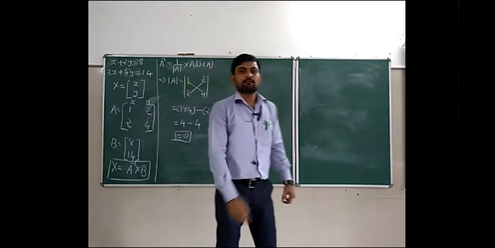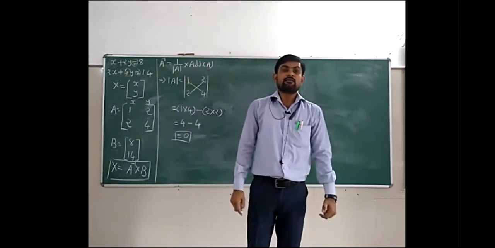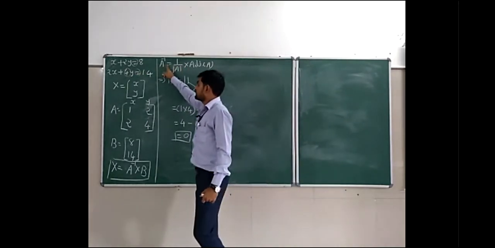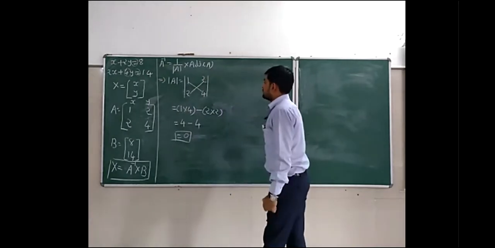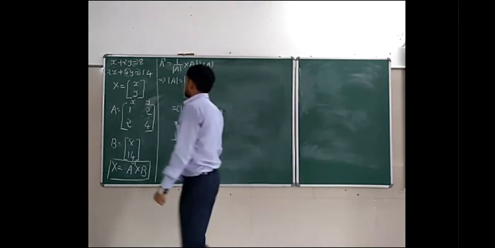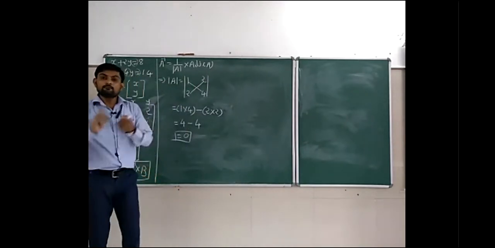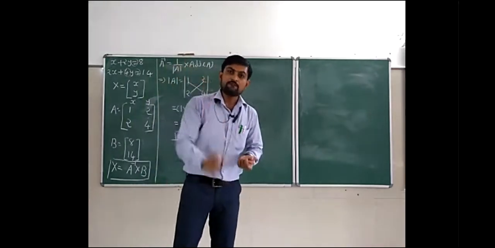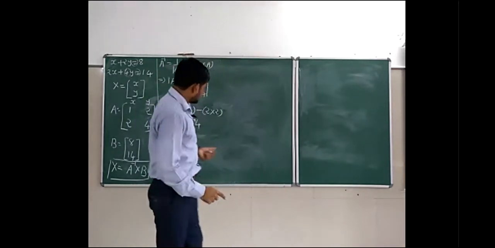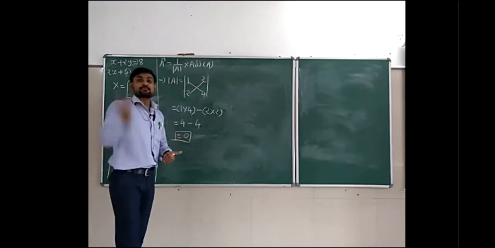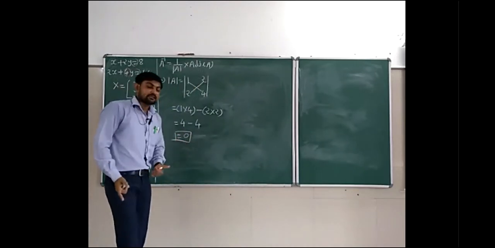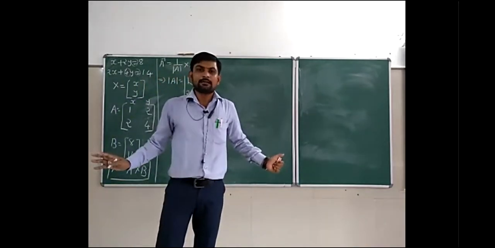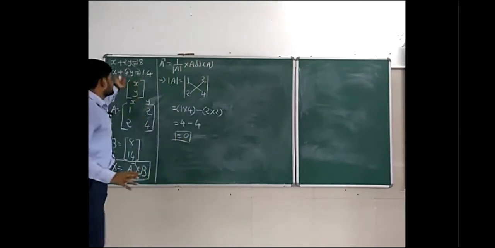Try to recall the condition that we have seen in the last lecture. What is the condition of an inverse matrix? The inverse matrix exists if and only if its determinant is not zero. But here the determinant is zero, so you cannot find the inverse matrix and you cannot solve this equation.